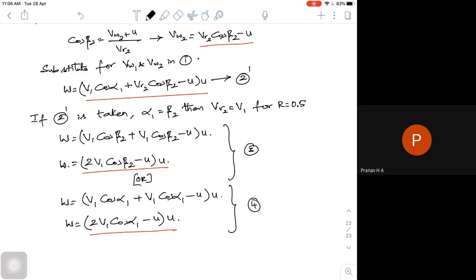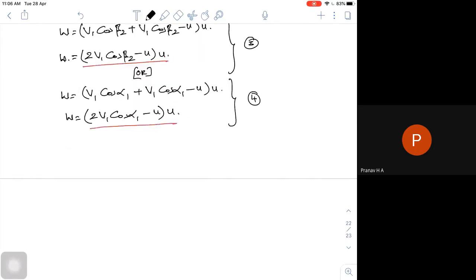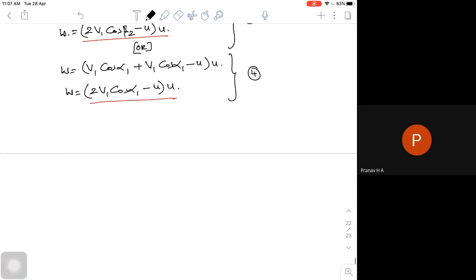So now if I open up the bracket, I'm writing in detail so you can go in steps. If I take equation 3 and substitute the speed ratio, what is phi actually? Phi is the speed ratio, which is the ratio of peripheral speed to the absolute velocity at the inlet.